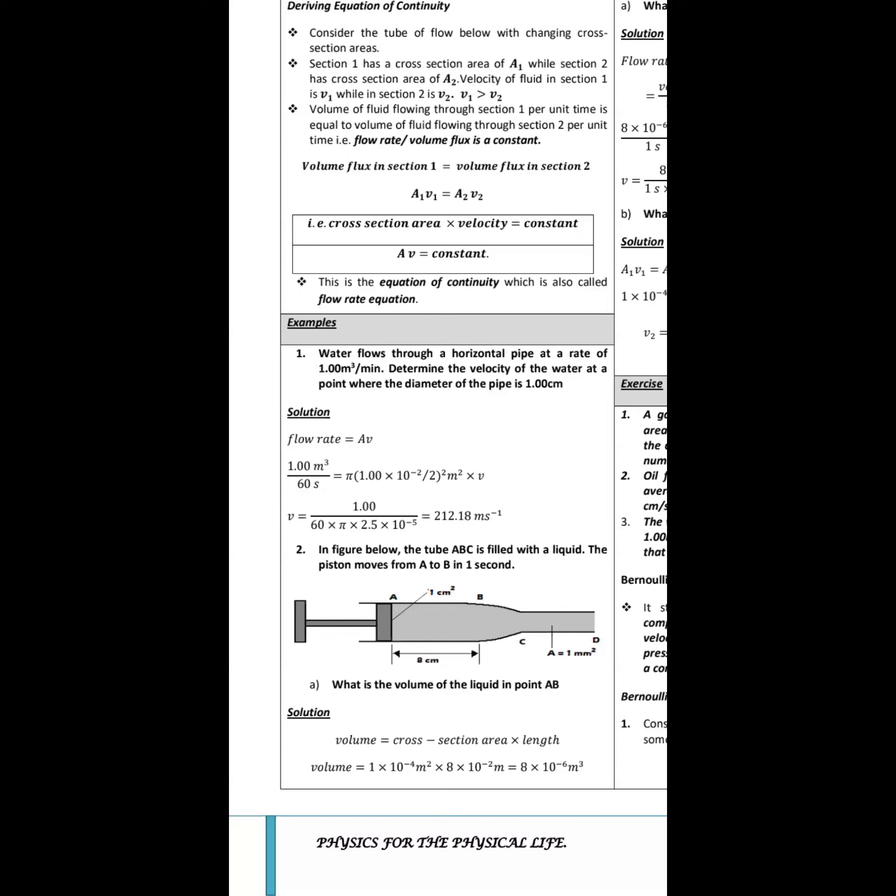So you take 8 times 10 power negative 6.